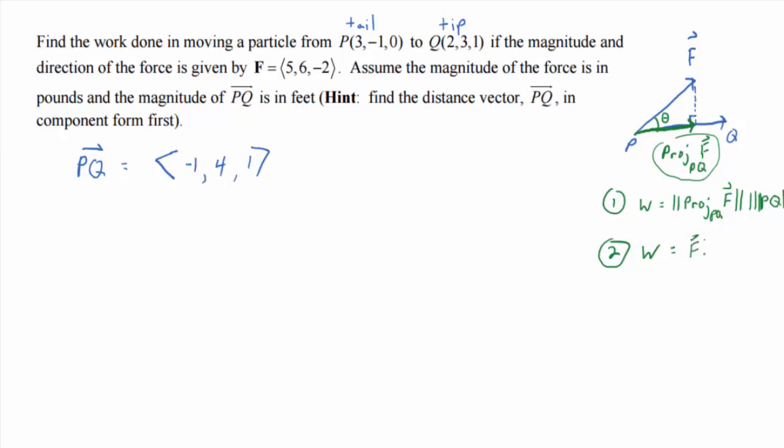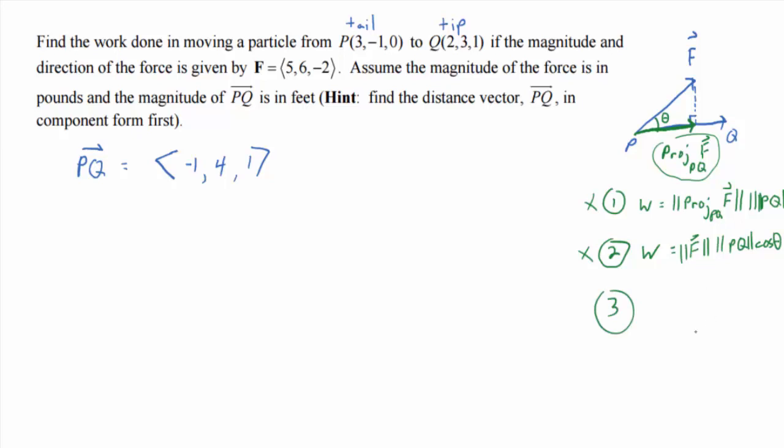So magnitude F, almost. Magnitude PQ, don't forget that's still here, right? You were just talking about the magnitude of the projection of F onto PQ. That's true, but for everything, don't forget to include the magnitude of PQ, and then times the cosine of theta, right? You're not going to want to use either one of these formulas. It's the third one you're going to want to use.